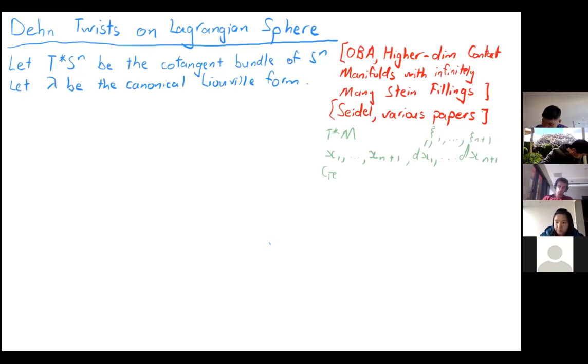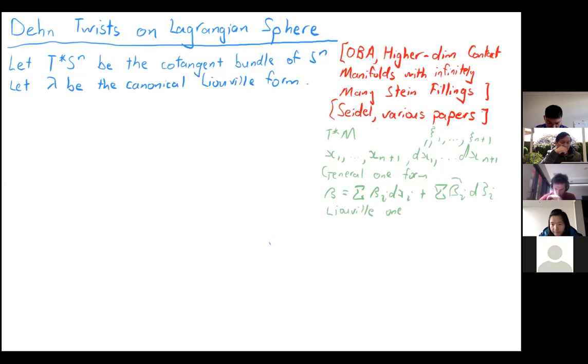A general one-form on this cotangent bundle would look something like this, where beta_i and beta_i tilde are smooth functions. And the Liouville one-form is something like this: you take your beta_i to be psi_i, and then let beta_i tilde be 0.